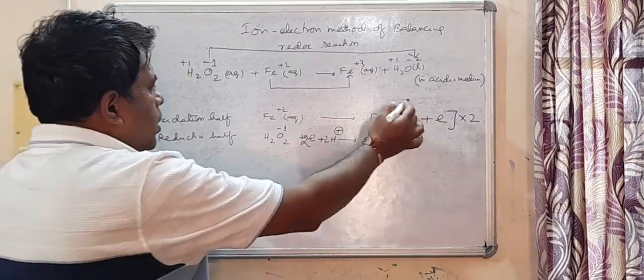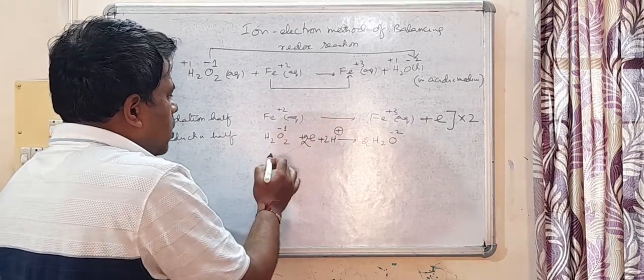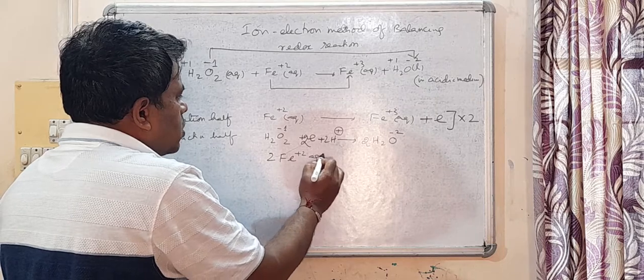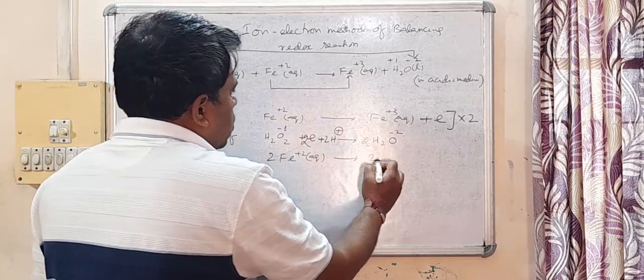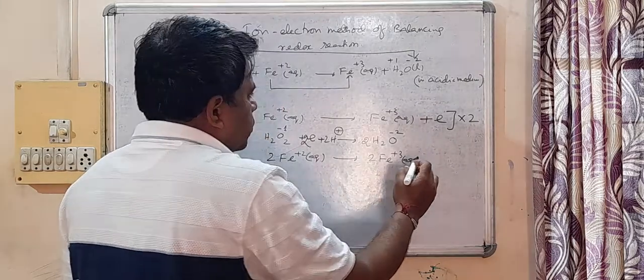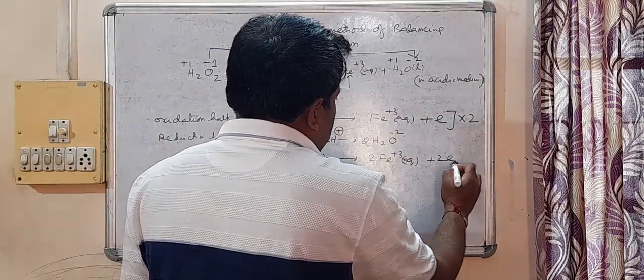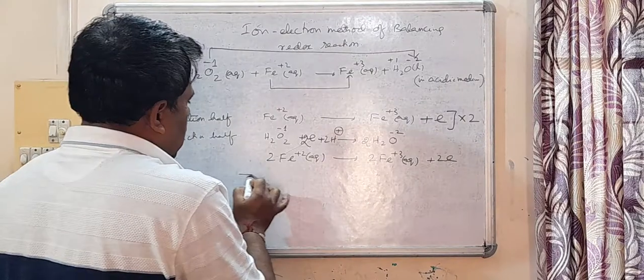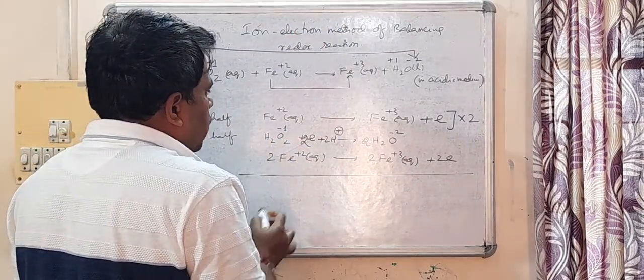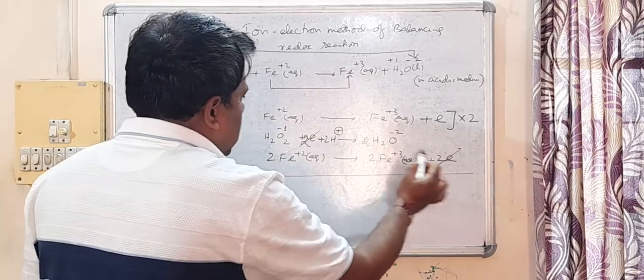So suppose we multiply by 2, then it becomes 2Fe²⁺(aq) → 2Fe³⁺(aq) + 2e⁻, and now we add. So on adding, these 2 electrons will cancel.